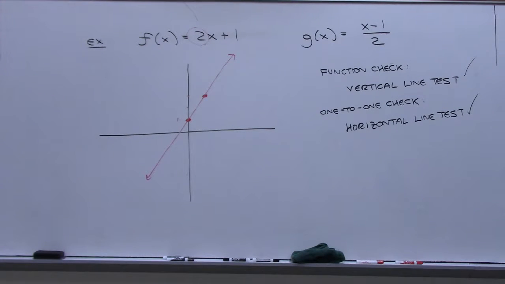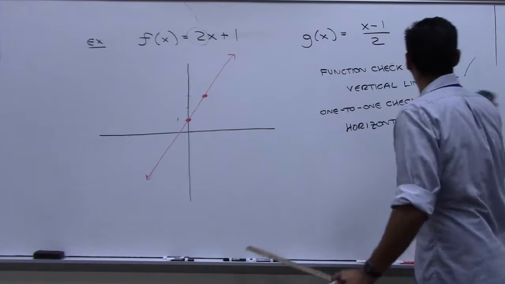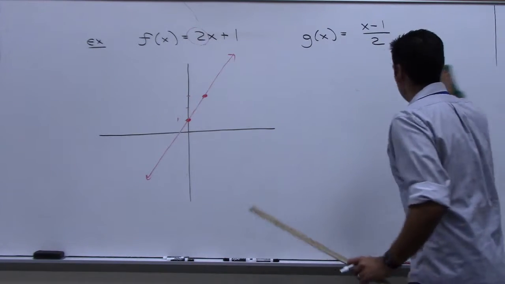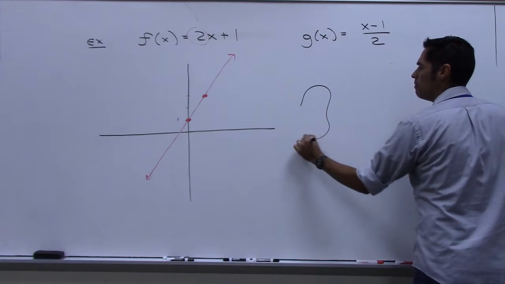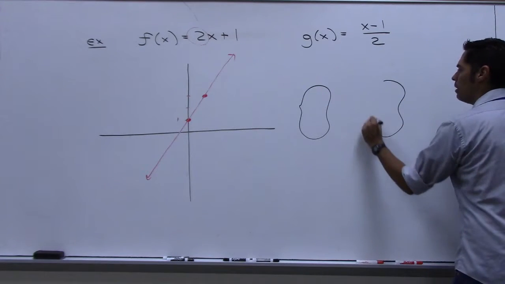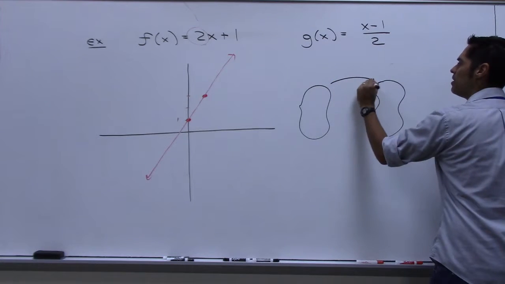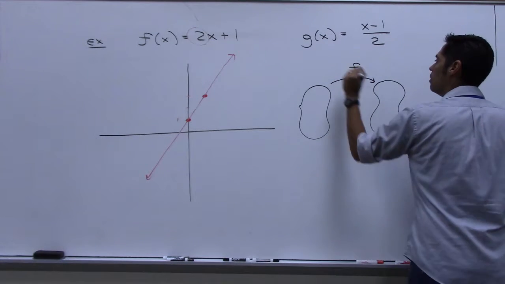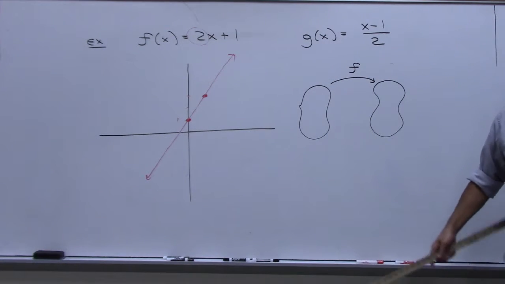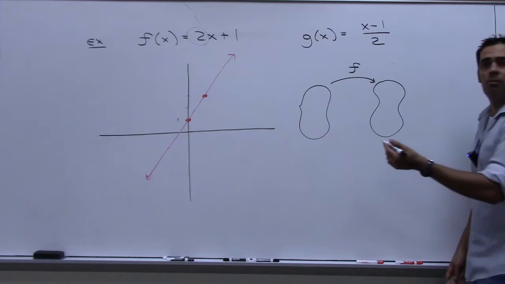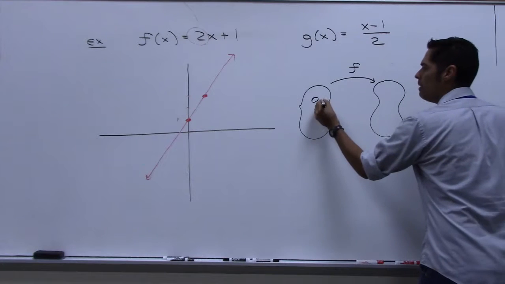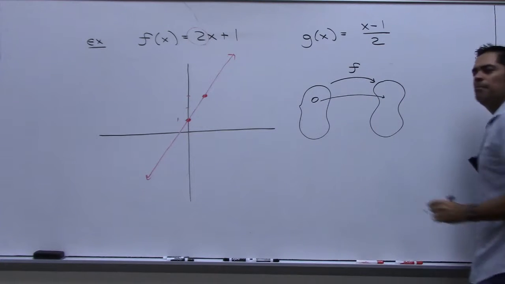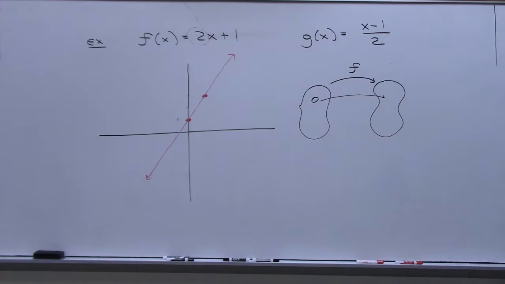So let's take a look at what happens, all right? If I take a number, I'm going to draw a picture again. If I take a number and I plug it into f, right? So let's take the number, how about 0? We can plug 0 into this, right? If I take the number 0, where does it get mapped? Mapped is another word for graphed.